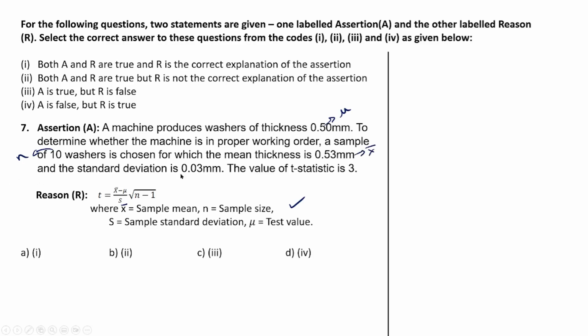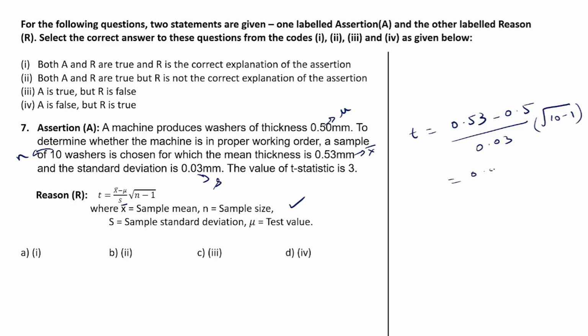The standard deviation 0.03 mm is the sample standard deviation S. So t equal to x bar, 0.53, minus mu, 0.5, upon 0.03 into root of 10 minus 1.